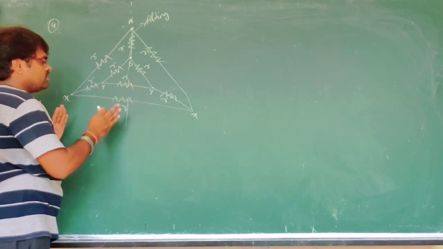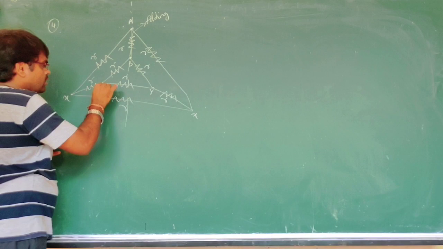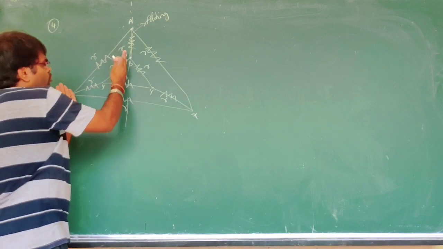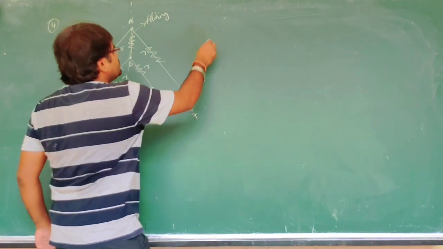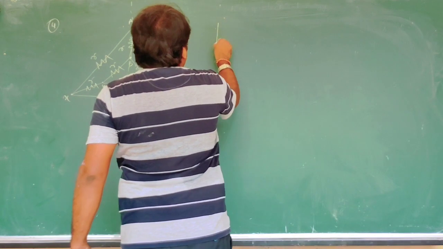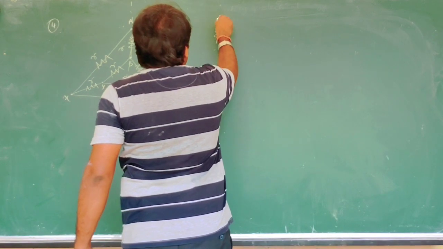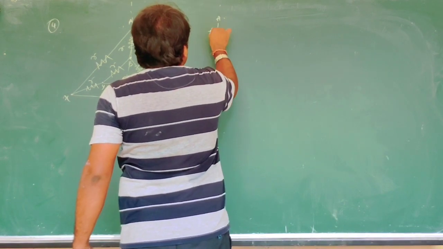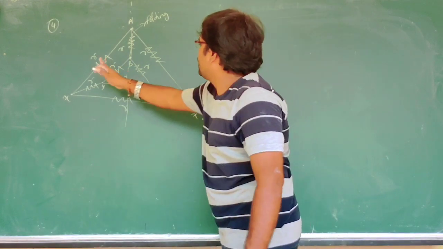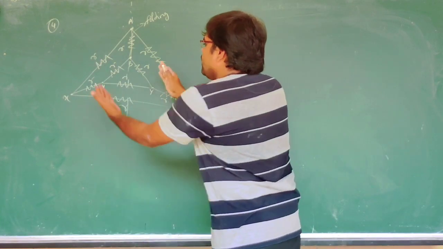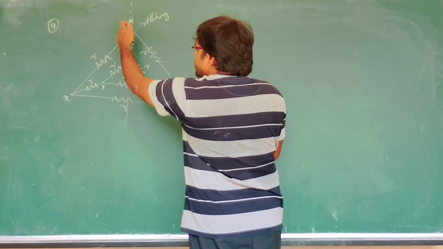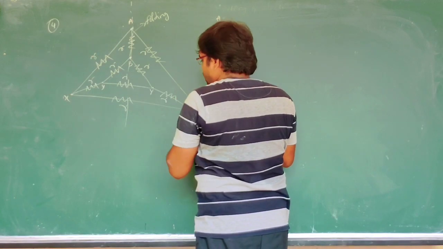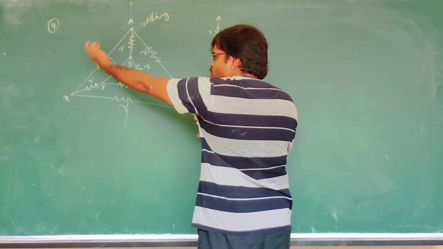X, Y. See, now fold it along AB. So now this folding means what? X, A, both potential same, no?